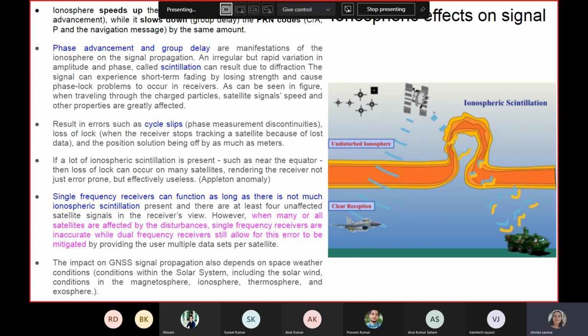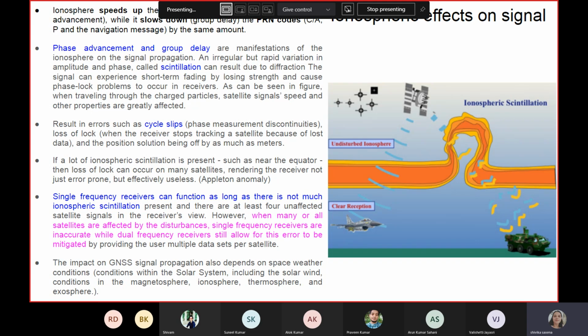That means the PRN codes, CA code and P code, and navigation message are slowed down by the same amount as the ionospheric delay, as the phase is advanced. That means the phase is reaching faster, the codes are getting slower.